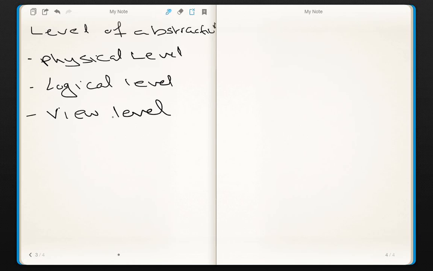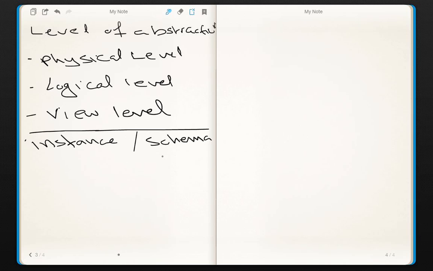Also, you need to know the difference between instance and schema. The schema is also in your slides. The instance is the actual contents of the database.